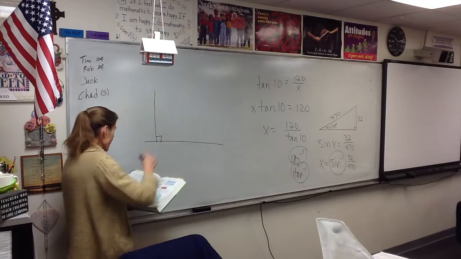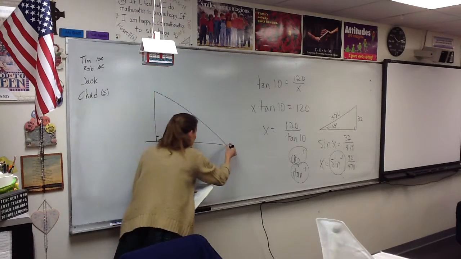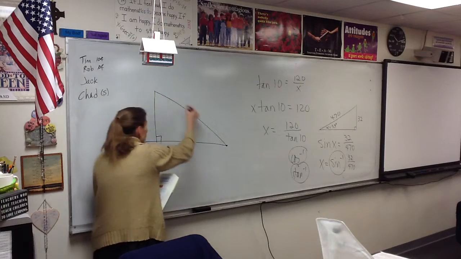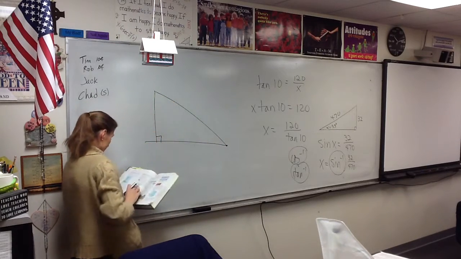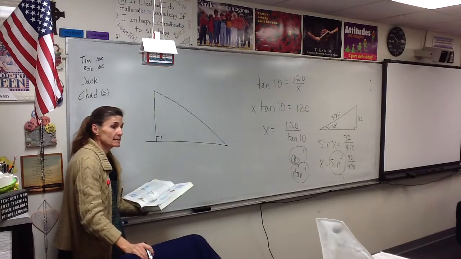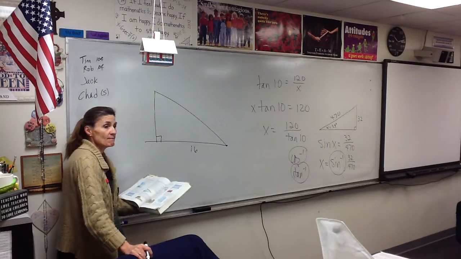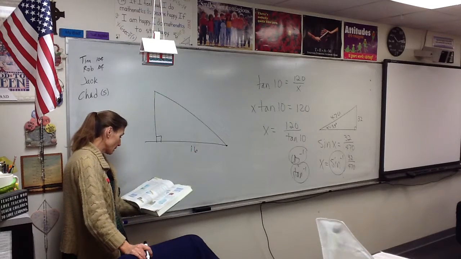A wire stretches from the top of the pole to a point on level ground. So here's the wire. Where do I put the 16? Right here. It says it's 16 feet from the bottom of the pole.